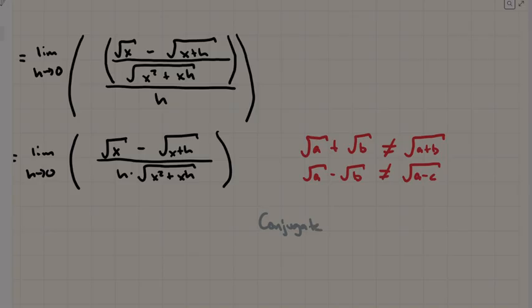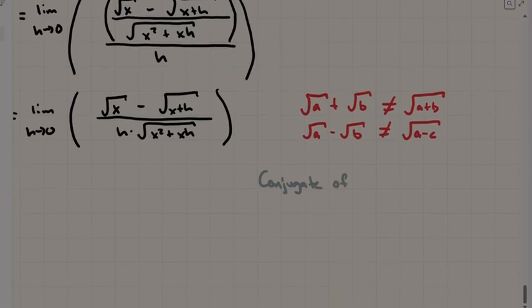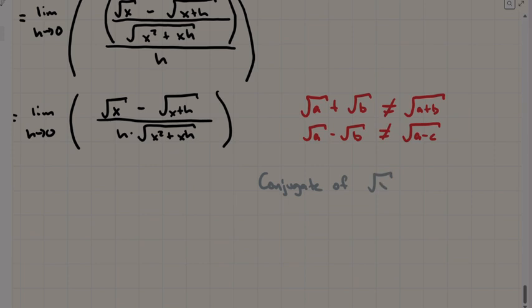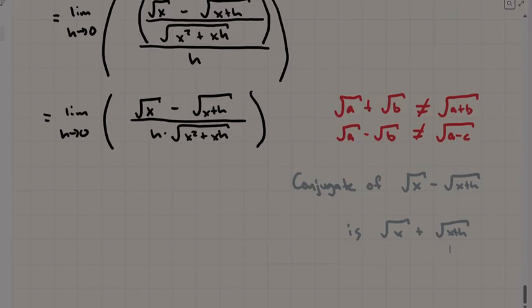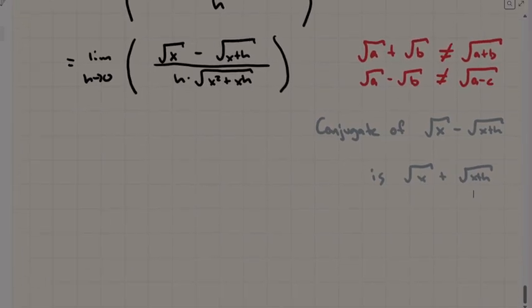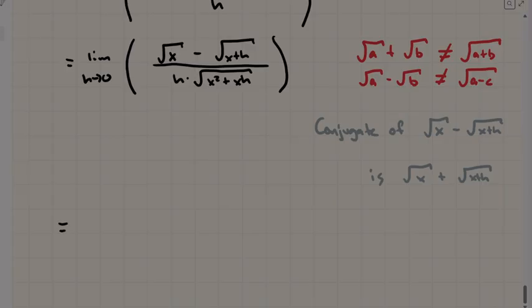For example, the conjugate of square root x minus square root x plus h, we're just going to take it and flip the sign of the other one. So square root of x plus square root of x plus h. And there are advantages of multiplying by the conjugate, stacked on each other. And so that's what we'll do.